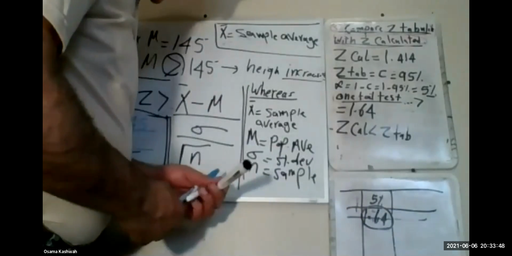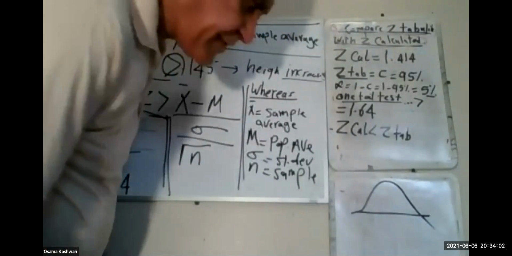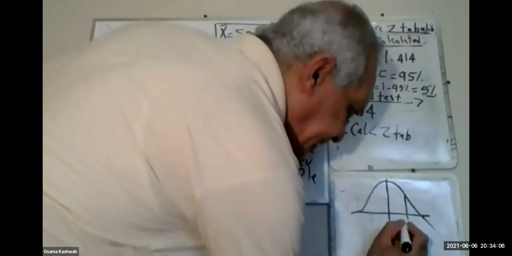In this part, I want to show you the meaning of calculated and tabulated and how we measure between them. Here, as an example, is the normal distribution curve. Here is the middle, and here is the area of acceptance, 1.64. This is the Z tabulated.